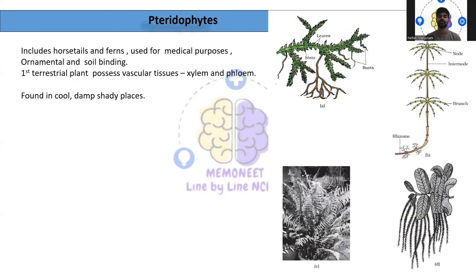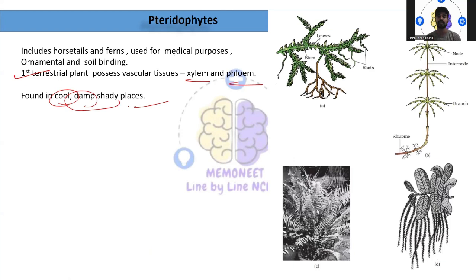So, coming to the pteridophytes. What do you mean by pteridophytes? As you can see on the evolutionary map, pteridophytes were the very first terrestrial plants which had vascular tissues like xylem and phloem. They were mostly found in cool, damp, shady places.